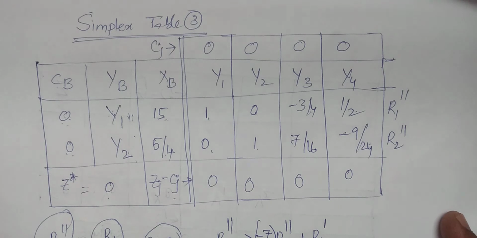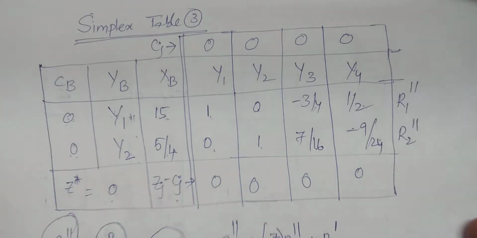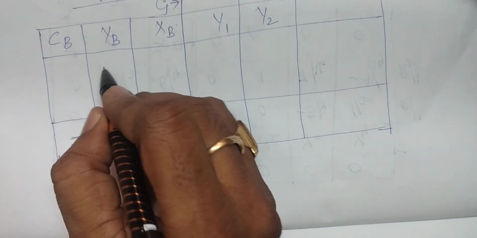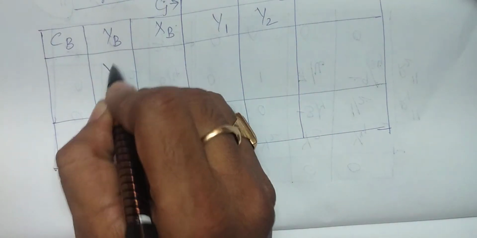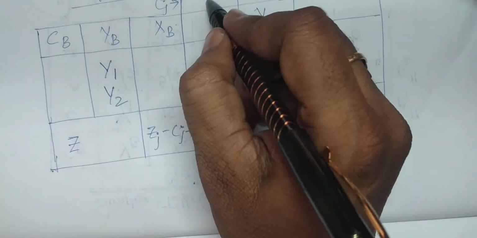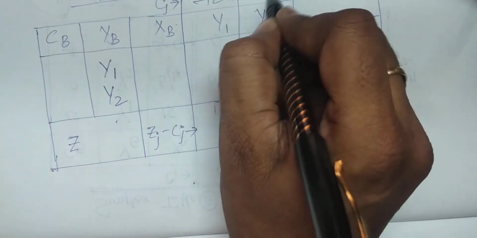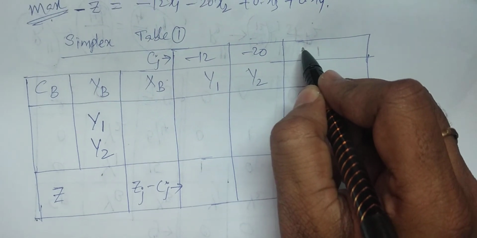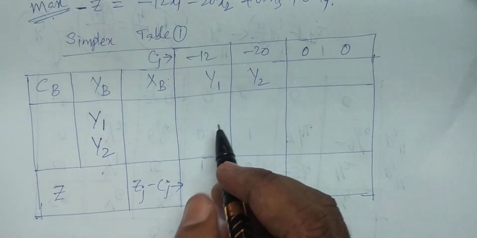So I am writing simplex table 3, the last simplex table of phase 1, as the first simplex table of phase 2 by changing the cost. Remember, y1, y2 are there. The costs are minus 12, minus 20, 0, 0, 0, 0.